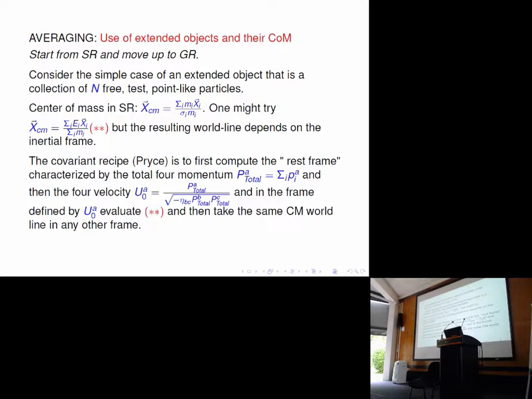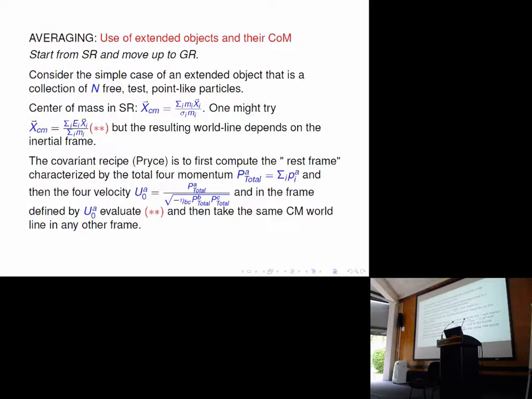Well, first of all, the problem here is dealing with the notion of center of mass in general relativity, which is a very subtle notion. In Newtonian mechanics, we have this standard formula for computing the center of mass.